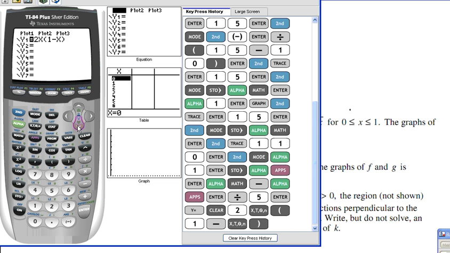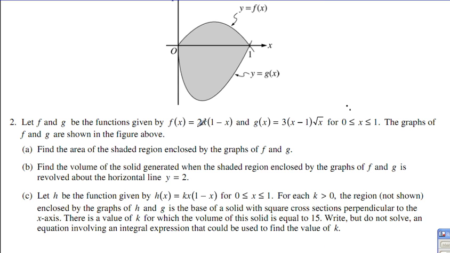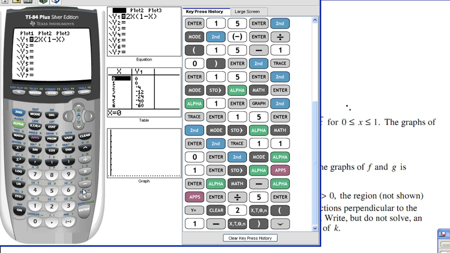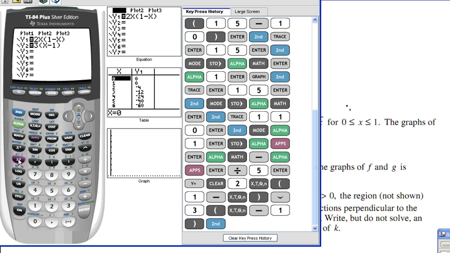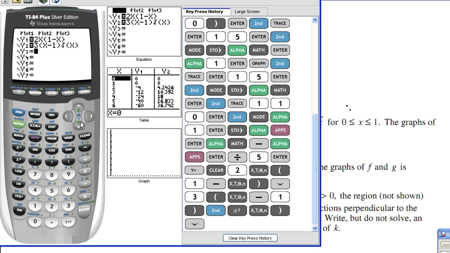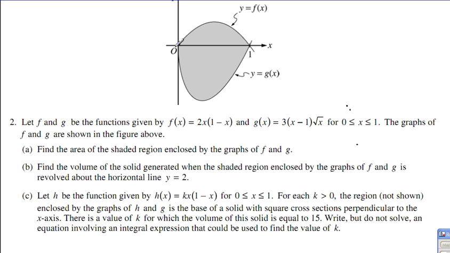That was the function. Second one is 3 times x minus 1, and then square root of x. All right, so that's basically what we have. The first one is the f of x, and second one is the g of x. F of x was on top and g of x was on the bottom.